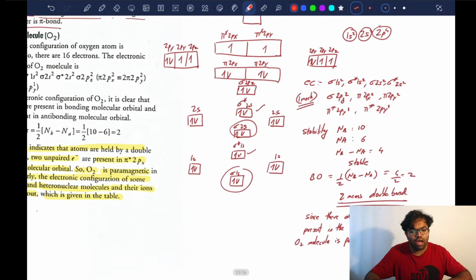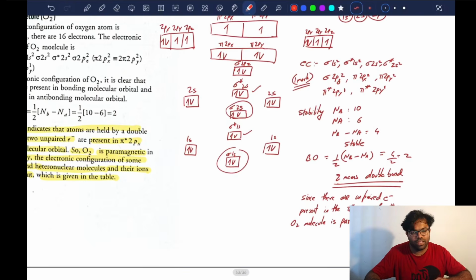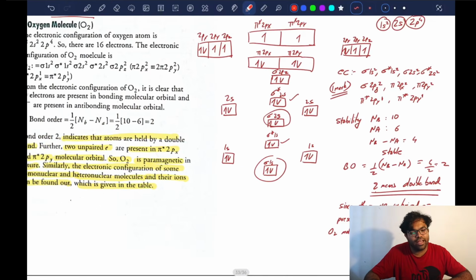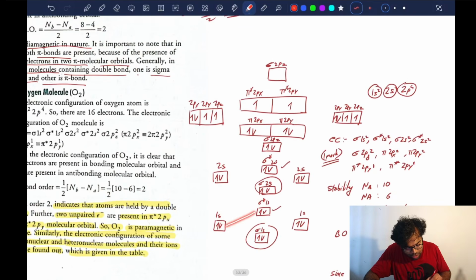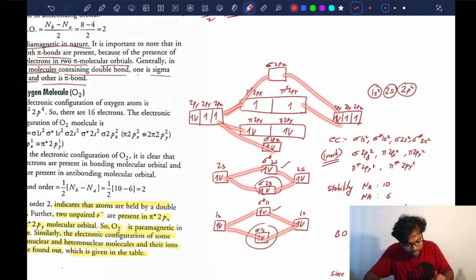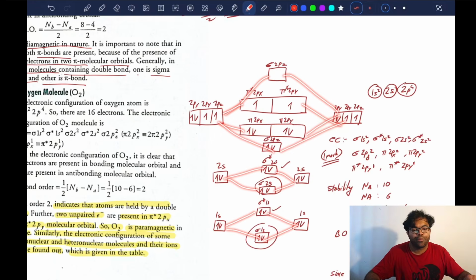In the exam, you have to state all of these. You have to write a small theory, and then you have to draw the structure. The structure should involve these bonds. I forgot to draw them, but you have to draw them. It should be neat and clean, made with pencil, with a scale and all of that.